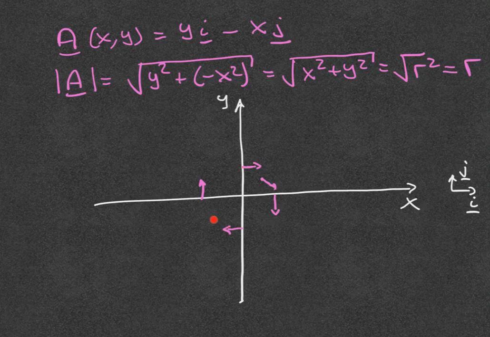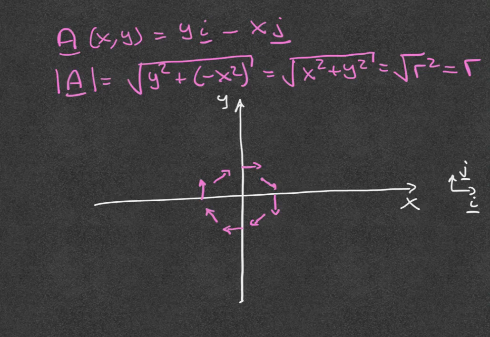As you go around this circle, our vector is tangential to the circle. So we have something like that, like that, like that. And now if we go further out, if we increase the radius, all we're going to do is get exactly the same thing, but the radius has become larger, so the length of these vectors is going to become larger with it.